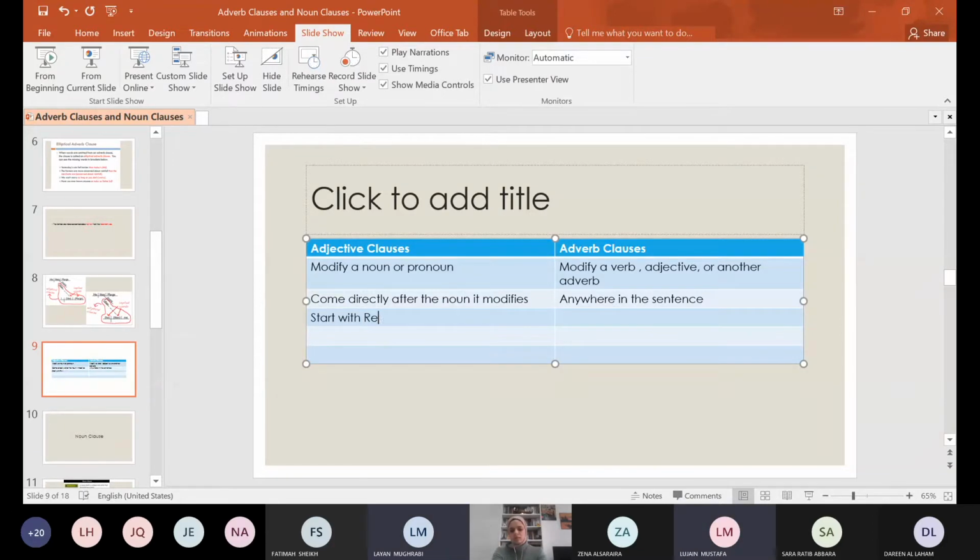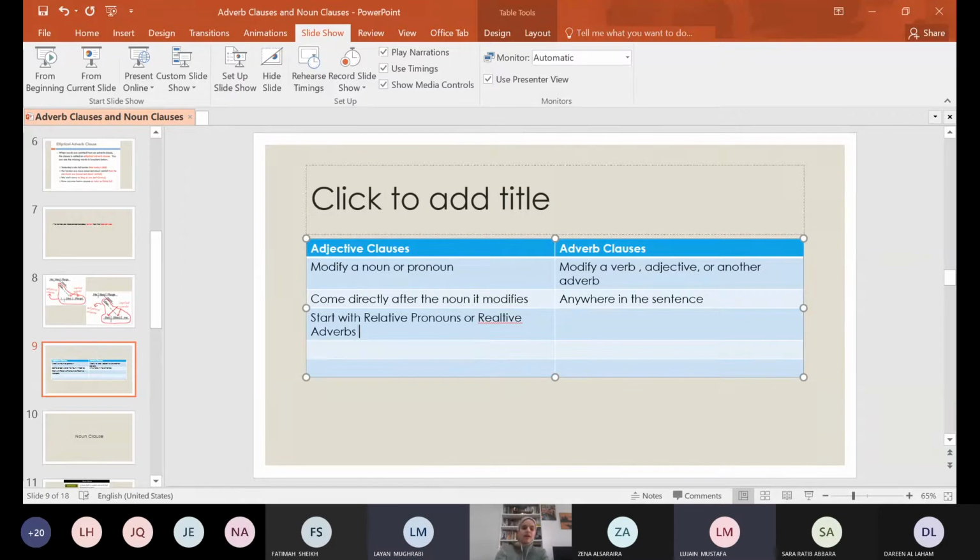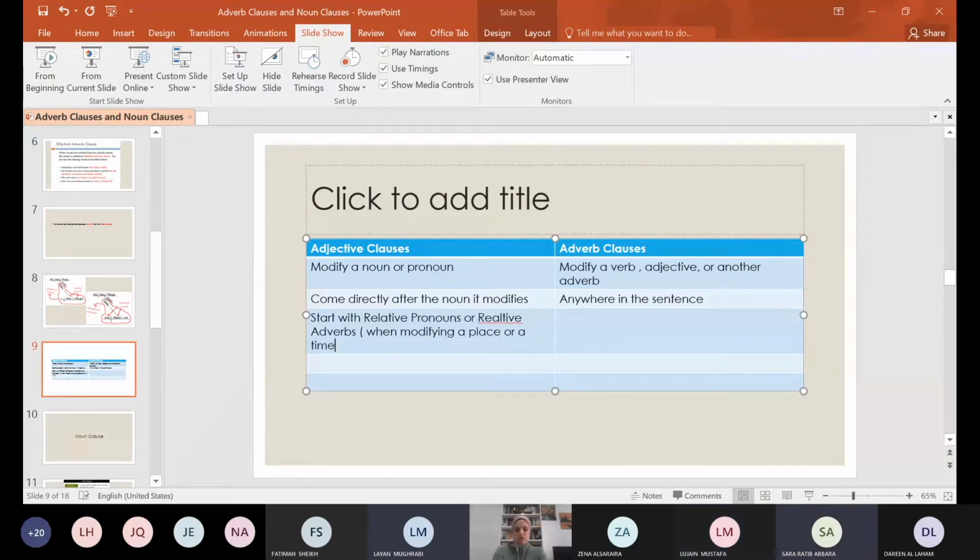Relative pronoun, or relative adverbs, when modifying a noun or place. Adverb clause starts with what? Subordinating conjunction.